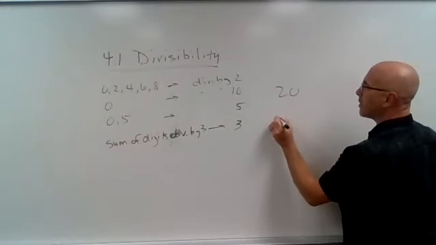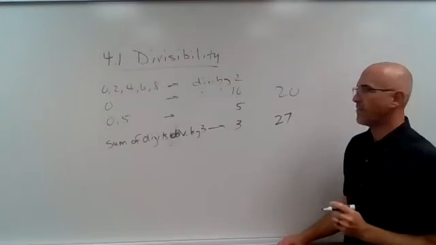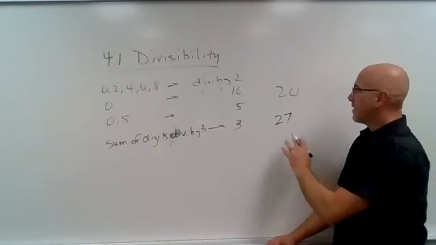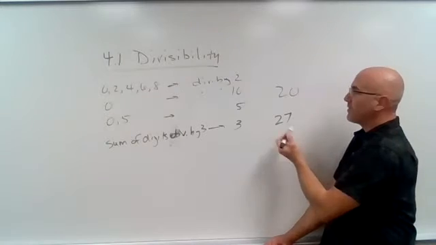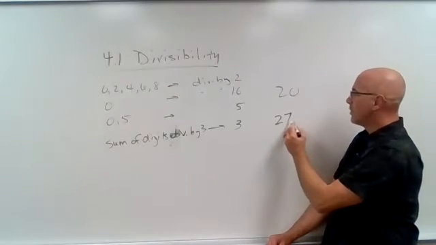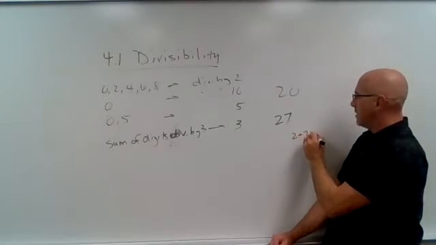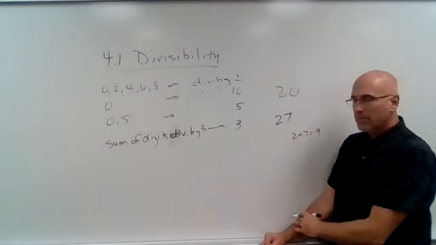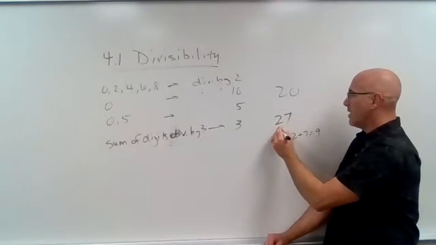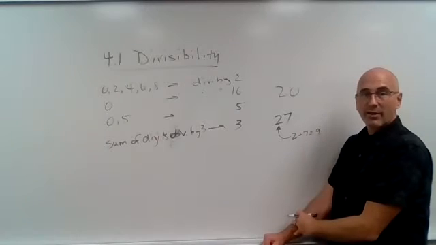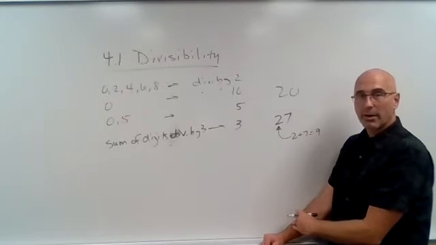Say I have the number 27. I want to figure out, well, is that divisible by 3? If I add the two digits together, 2 plus 7, that equals 9. And 9 is divisible by 3. Therefore, my original number 27 is divisible by 3.